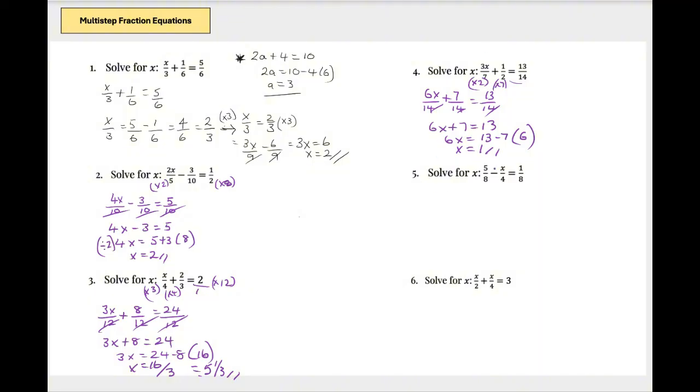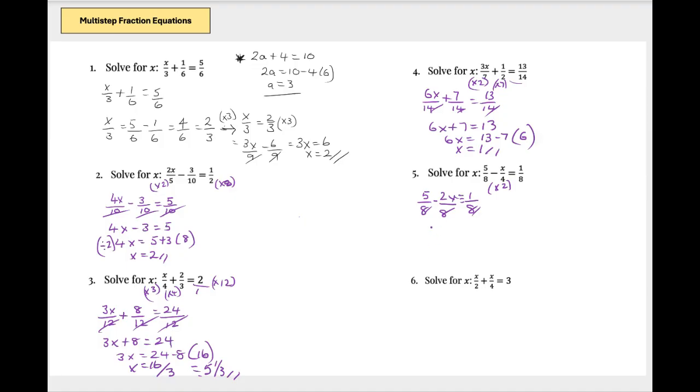Next one, same again, but 8. So I've only got to deal with this one. So I've got 5 over 8 minus 2x over 8 equals 1 over 8. Get rid of those. So now I've got to take the 5 over.